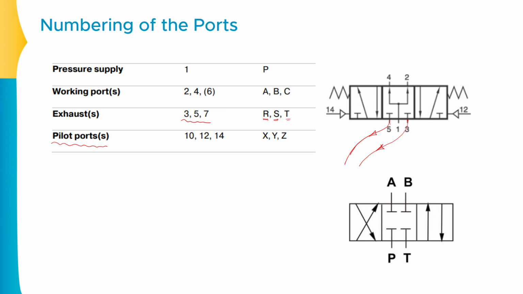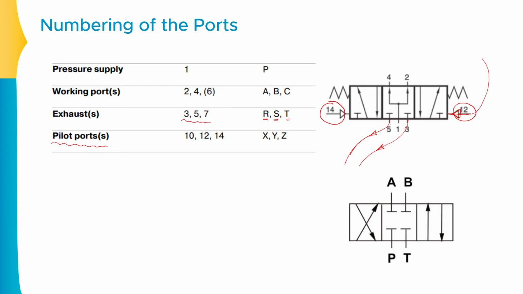Now, the last terminology available is related to the pilot ports. Pilot ports are helpful to us for the actuation purpose. If you are observing this specific part, number 12 and number 14 are the pilot ports. They come from the main pressure line or the main return lines, and they try to actuate this direction control valve.